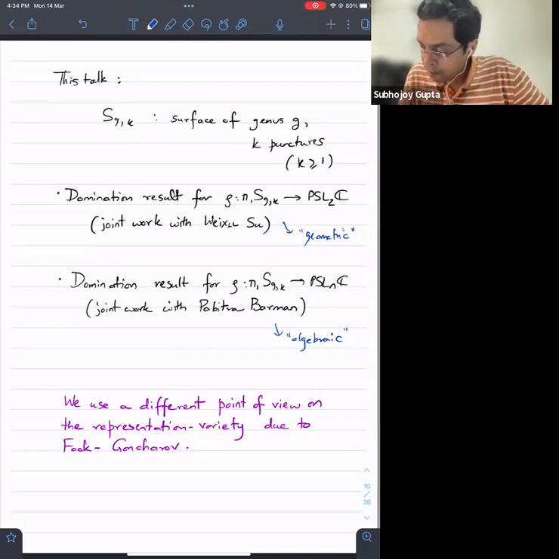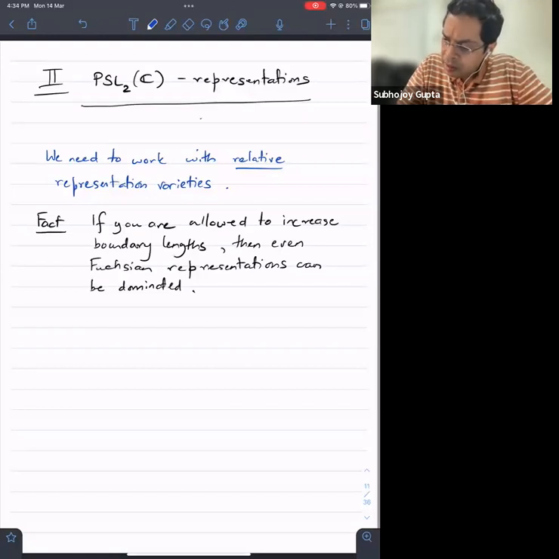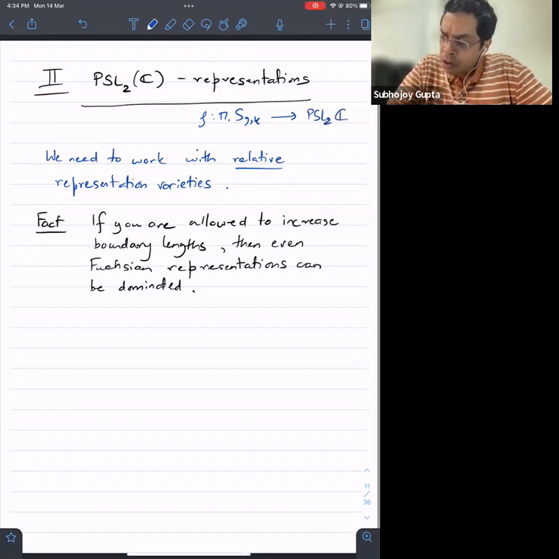Okay, so let me first start with PSL2C representations, representations of a punctured surface group into PSL2C, and talk about the domination result there.